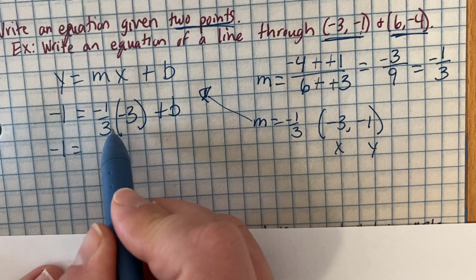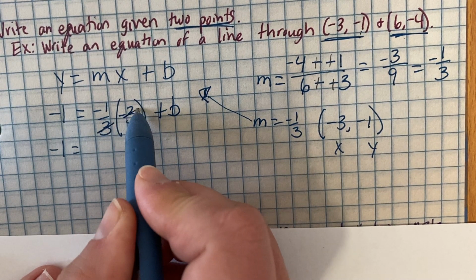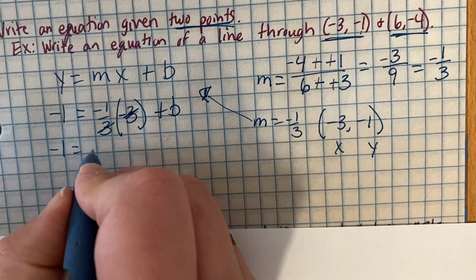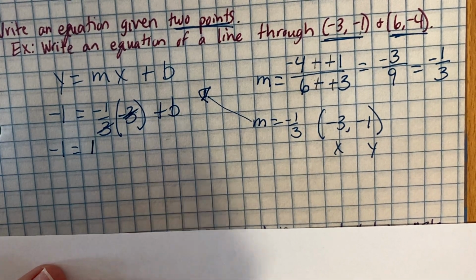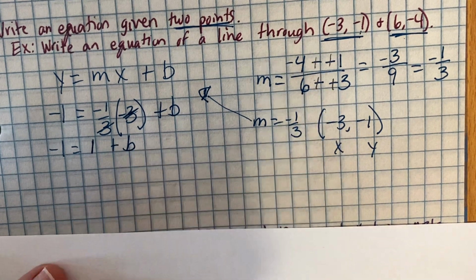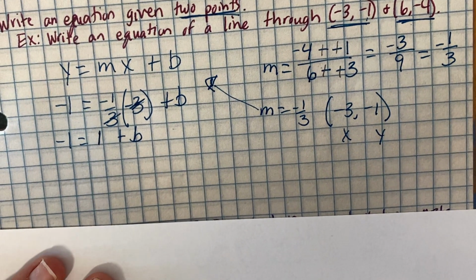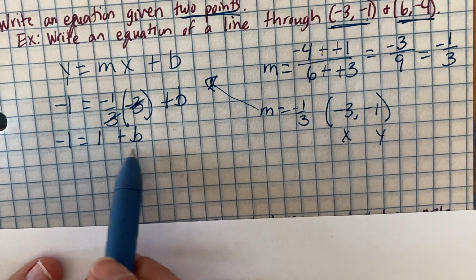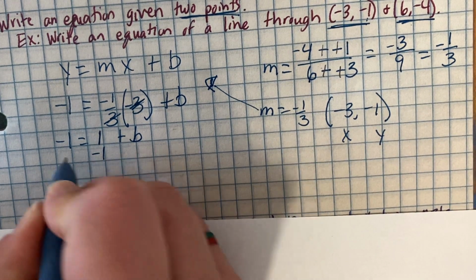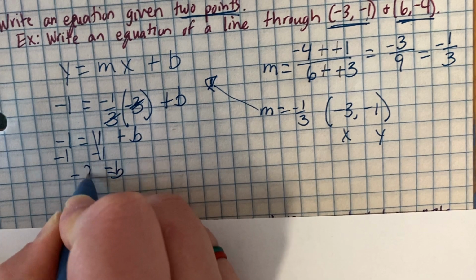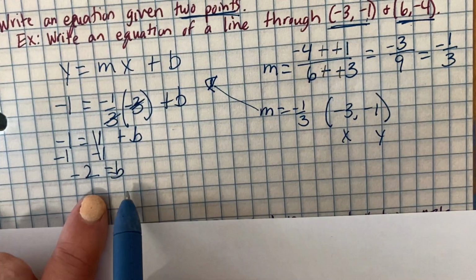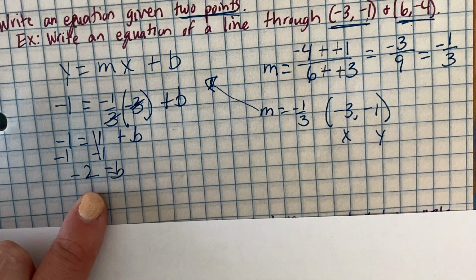-1/3 times -3, the top and the bottom here, they'll cancel out, and I'll be left with a +1, because a negative times a negative becomes a positive, plus b. Okay, in order to get this b by itself, I need to subtract 1 from both sides. -2. So now I know that b equals -2.